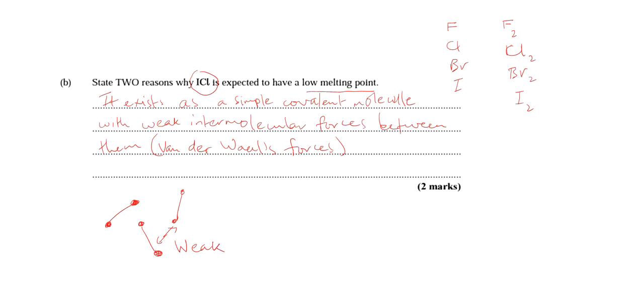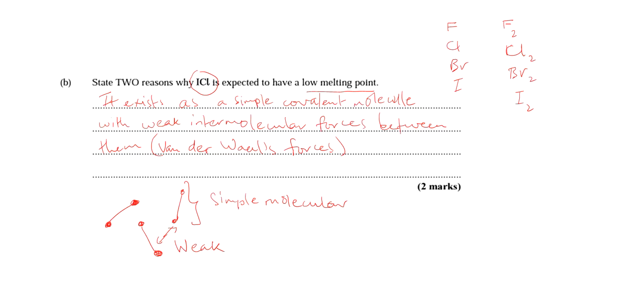So this here would represent a simple molecular structure. It's a simple covalent molecule, so it's simple molecular, and there are weak forces between them. So therefore, it is expected that ICl will have a low melting point.